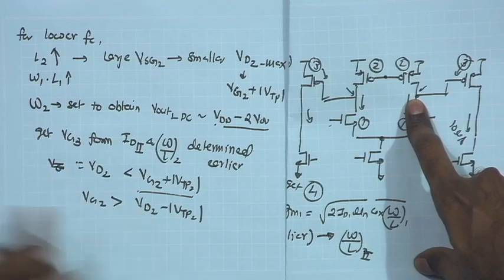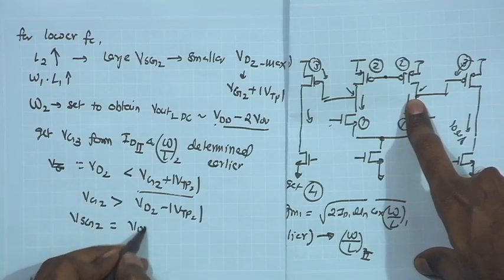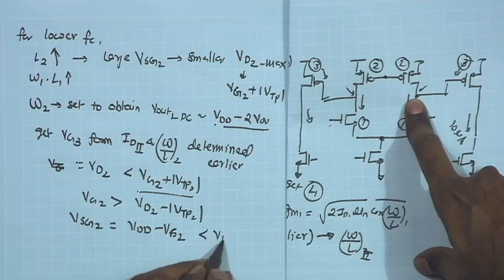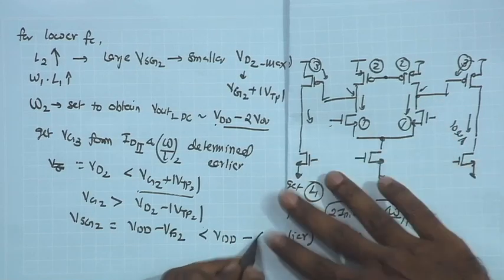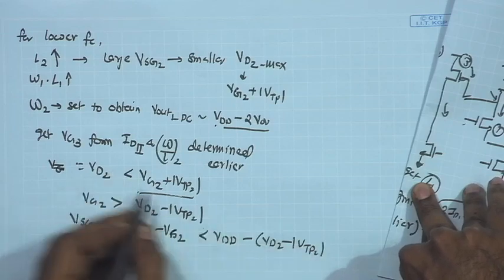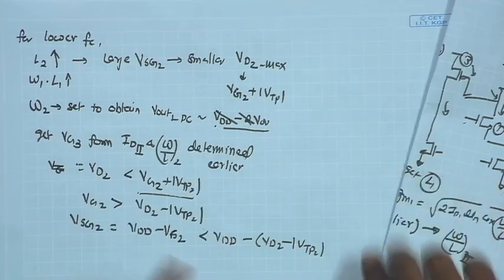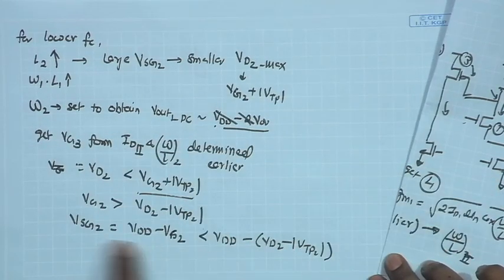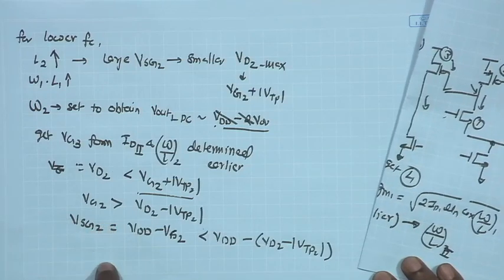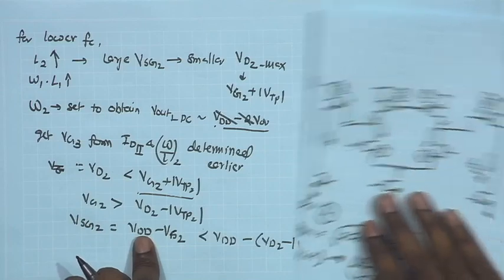If VG is greater than this, then I know that VSG2, which is VDD minus VG2, must be smaller than VDD minus VD2 minus mod VTP2. So, this is one way in which you can arrive at the VSG2 requirement, and that is going to give me the W by L requirement of the two transistors.